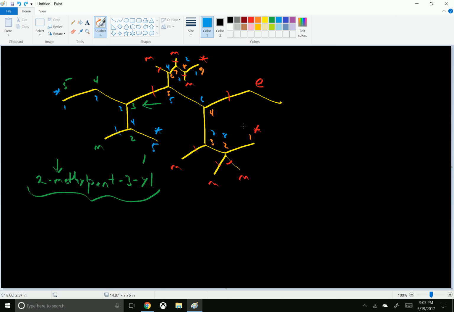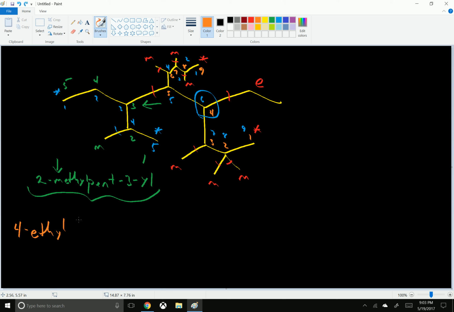It's a very ugly 9. All right. Looking at this, we can see right here that the ethyl group is going to be the deciding factor. The ethyl group is either going to be 4 or 6. 4 is smaller, so we're going with our orange numbering. So we have, in order, 4-ethyl.